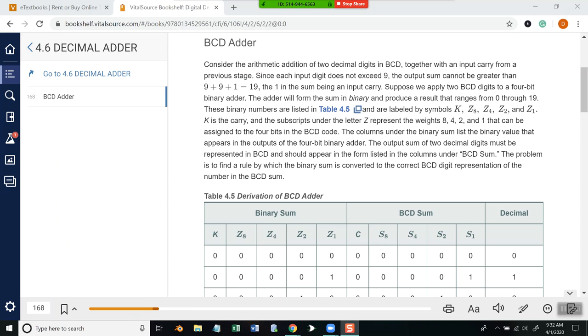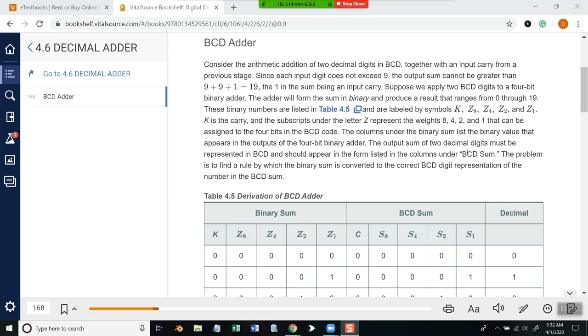These binary numbers are listed in the table down below and are labeled by symbols K, Z8, Z4, Z2, and Z1. K is a carry, and subscripts under the letter Z represent weights 8, 4, 2, and 1 that can be assigned to the 4 bits in the BCD code.